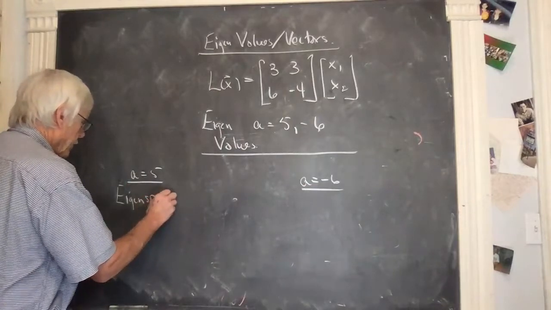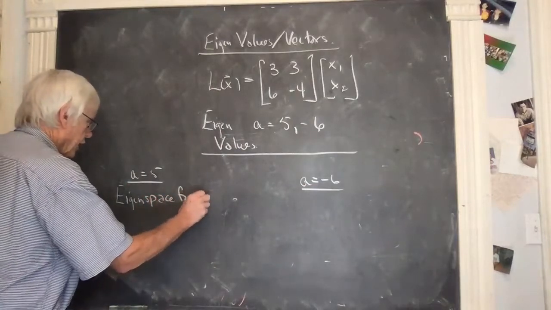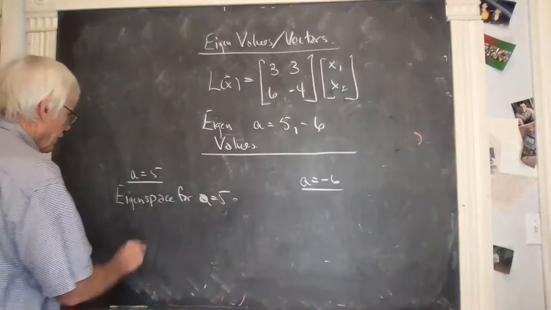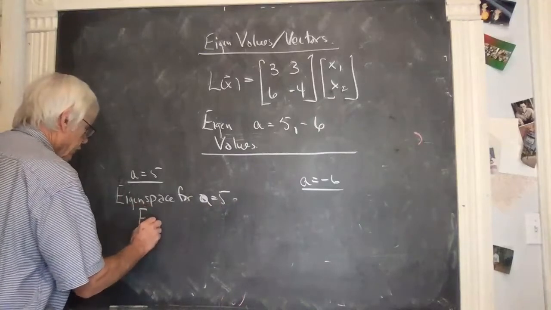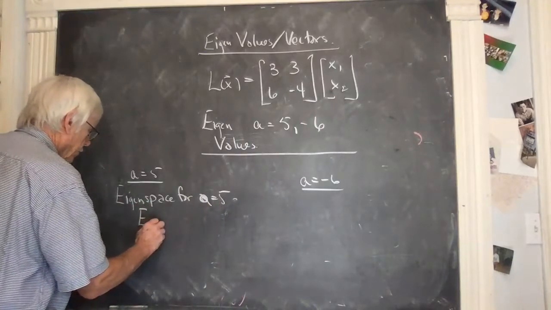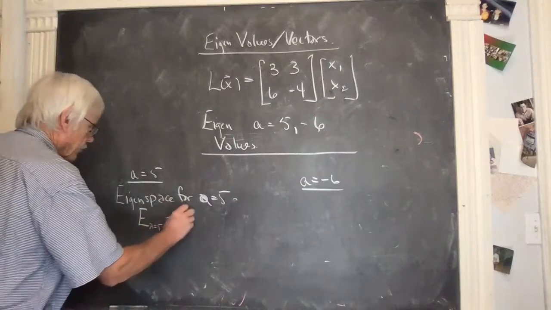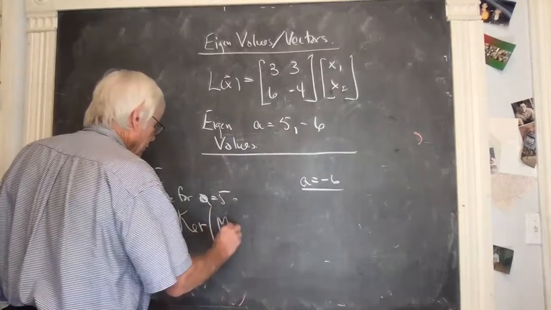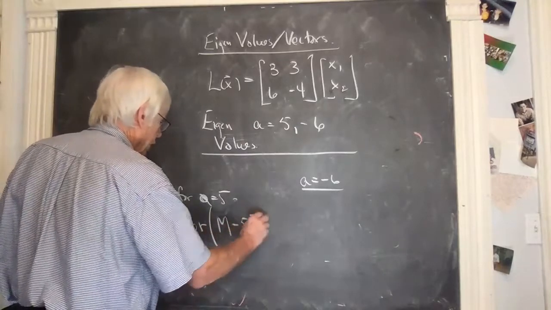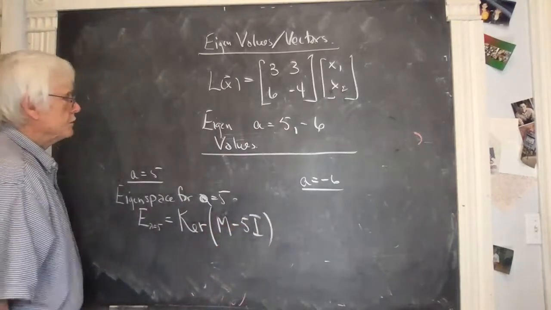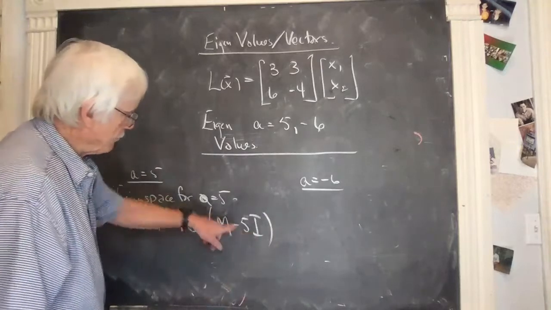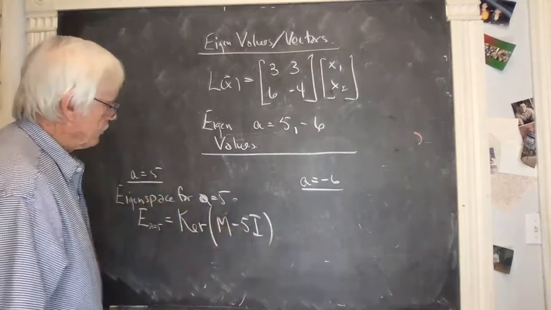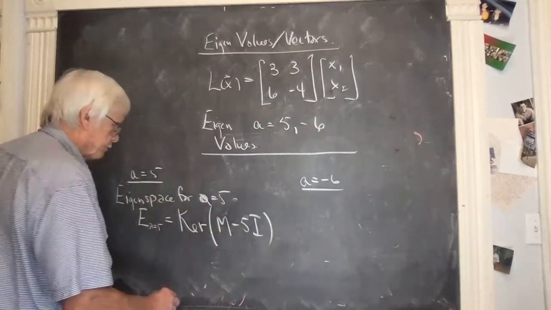So the eigenspace for A equals 5 is denoted E sub lambda equals 5. This is the kernel of M minus 5 times I. M minus A times I, but A in this case is 5. So we'll compute this matrix and then we'll find the kernel of it.